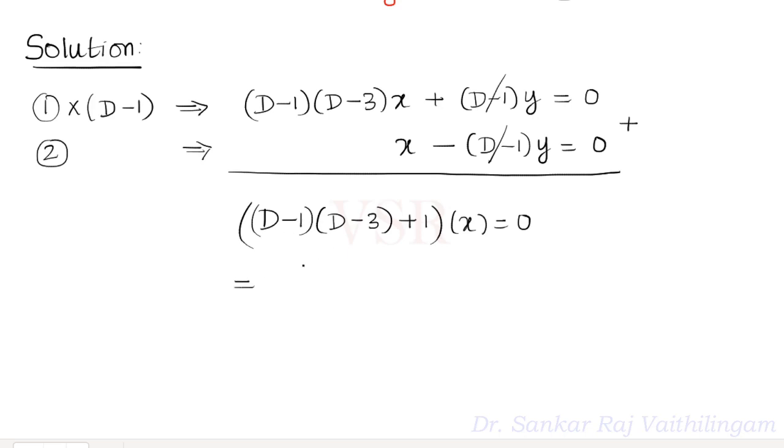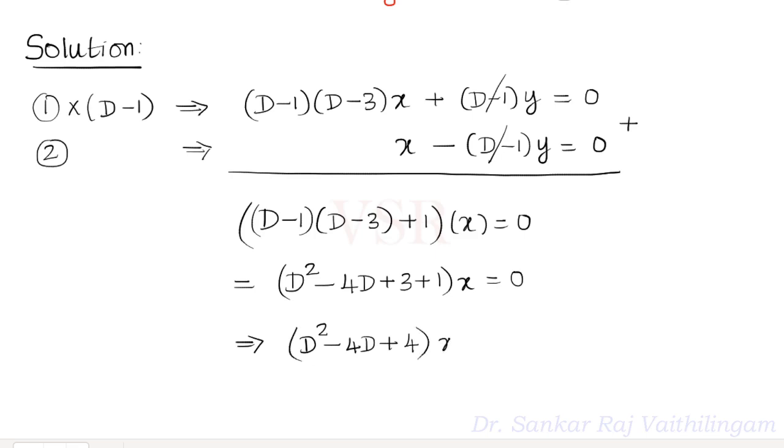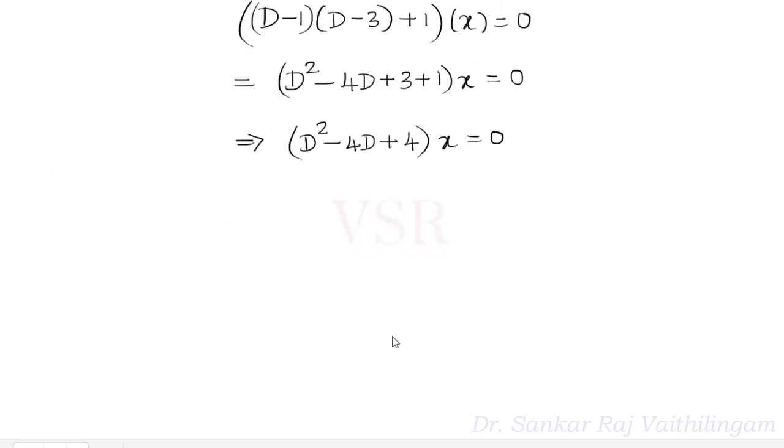This is equal to D square minus D minus 3D, so minus 4D, plus 3 into 1 into 3, that is 3, plus 1, of x, which is equal to 0. So that implies we have (D square minus 4D plus 4) of x, which is equal to 0. Now this is a second order linear equation with constant coefficients.